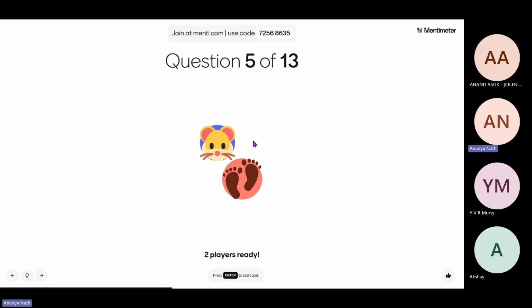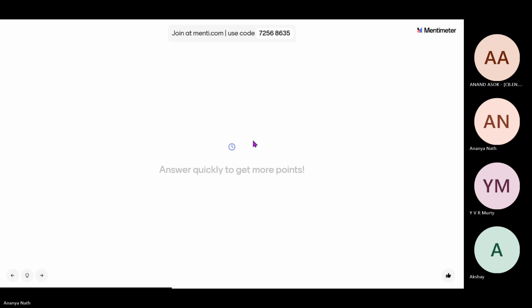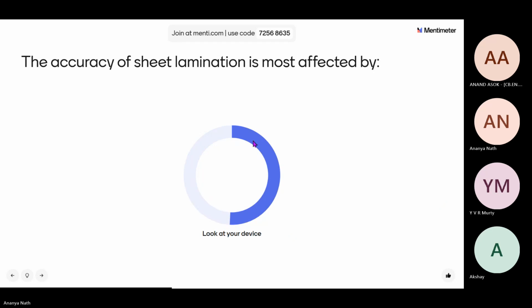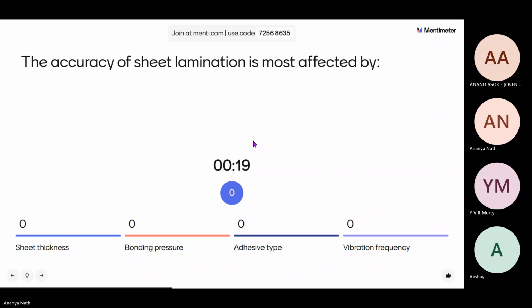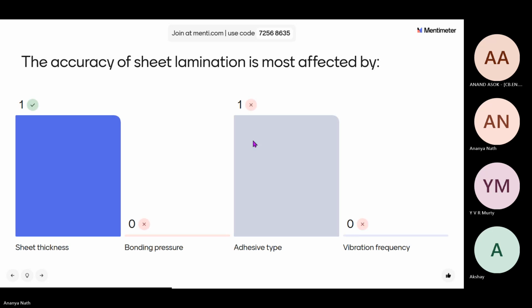We have our 5th question ready. Which is the most important factor for accuracy?